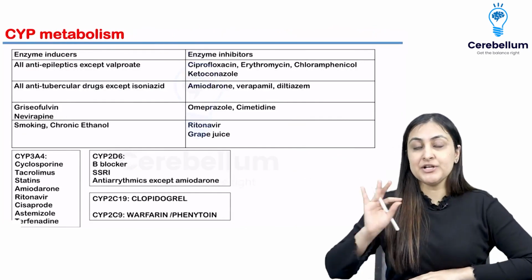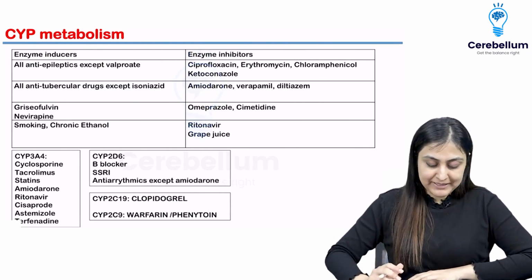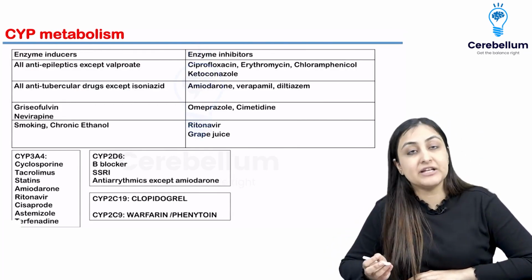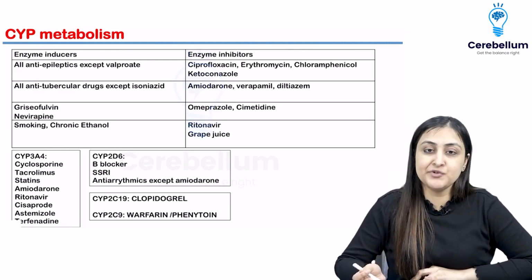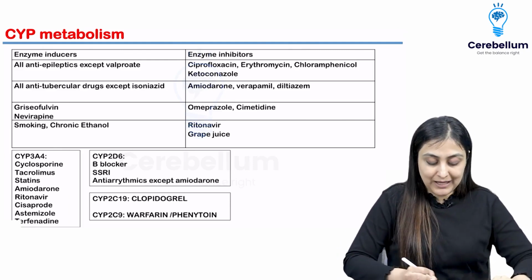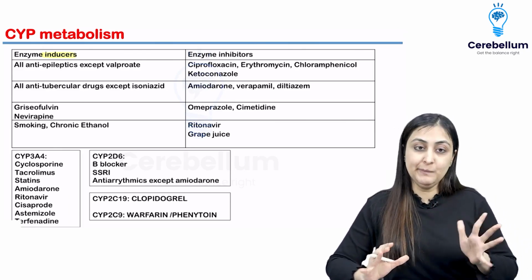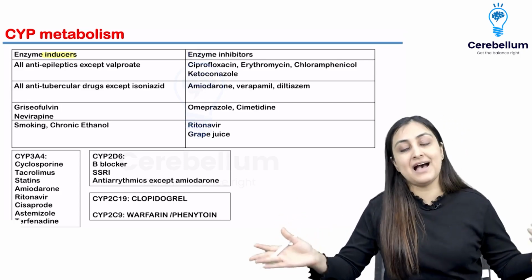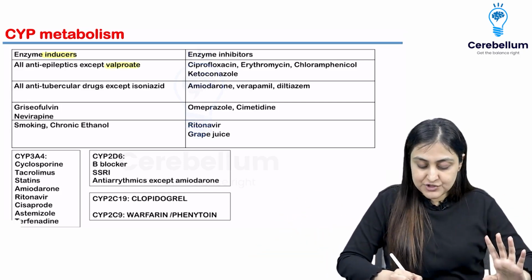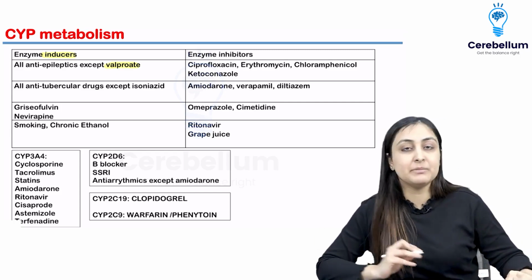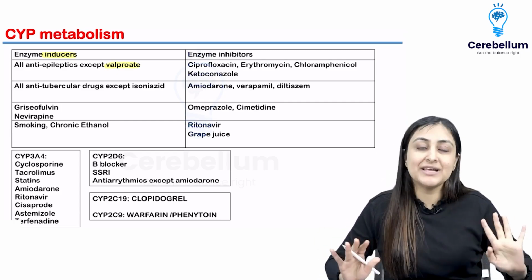Now we talk about CYP metabolism. All right, so CYP metabolism, we have inducers and we have inhibitors. There are a lot of mnemonics, but I just want to highlight the important points that are very frequently tested. So remember, all anti-epileptics are inducers except one, which is valproate. So valproate is an inhibitor. That's what we remember. We don't care about others.